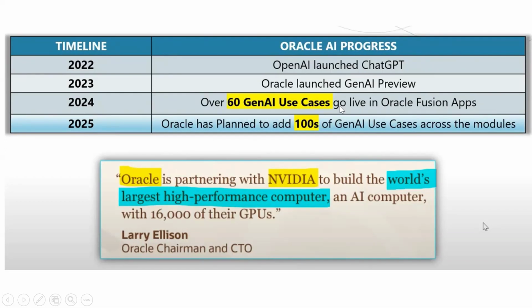When it comes to human capital management, 20. In finance and CRM and other places, we also have some AI use cases given by Oracle. Okay. In 2025, Oracle has planned to add 100 Gen AI use cases across the modules in HCM, finance, and all. So wherever possible, Oracle is providing the agent.